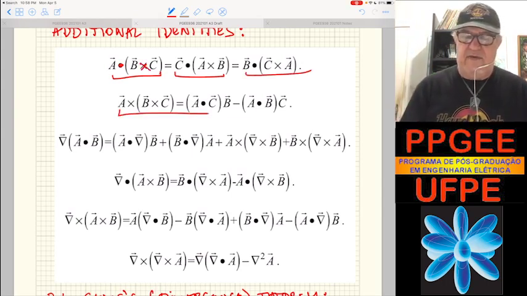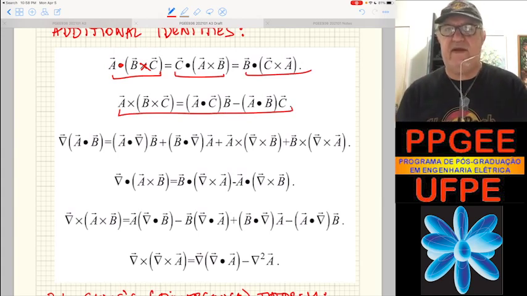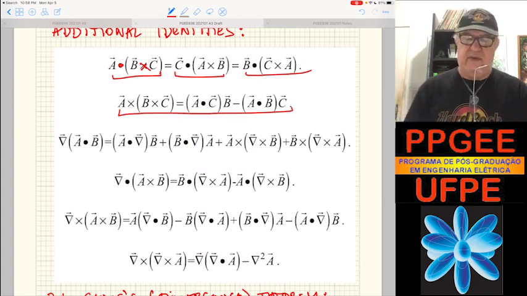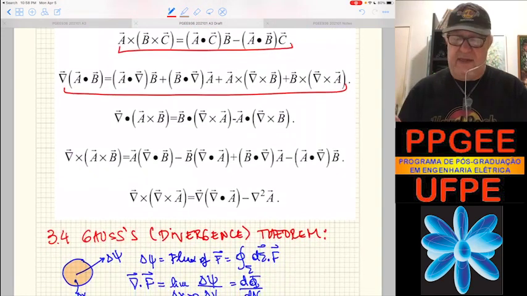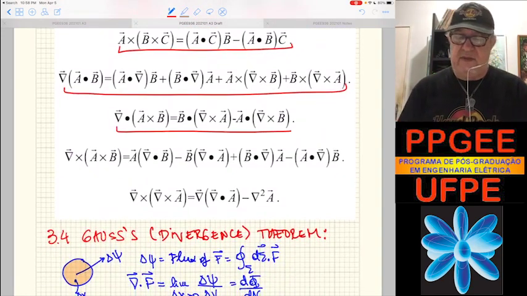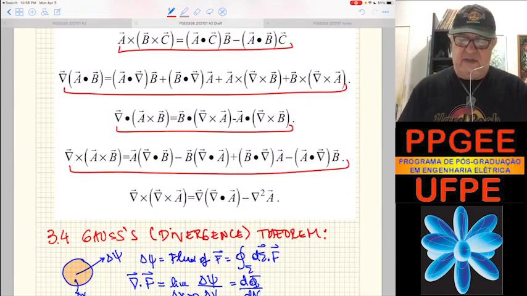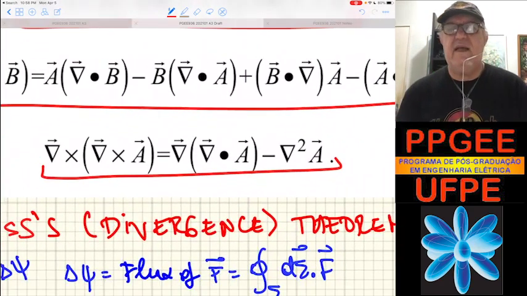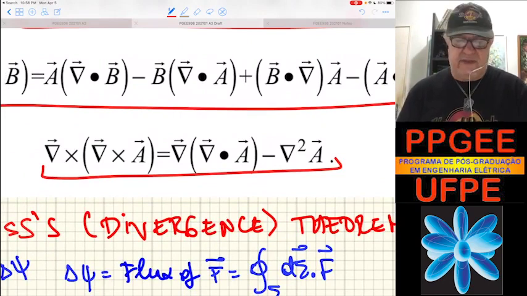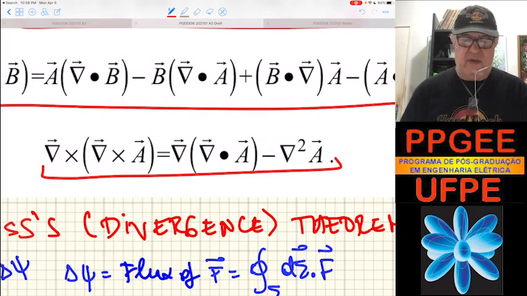This is the expansion of a triple vector product, which is well known. And there are some more complicated ones, very hard to demonstrate, okay? So we're just going to use those. This is going to be very important in dealing with the wave equation and with some properties of the fields, magnetic fields and so on.